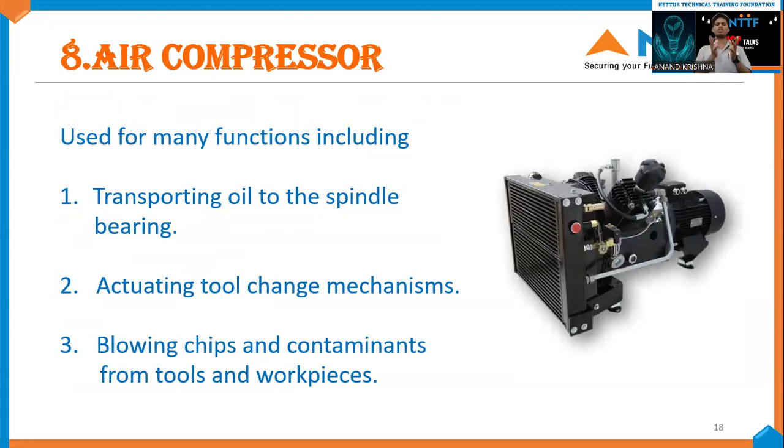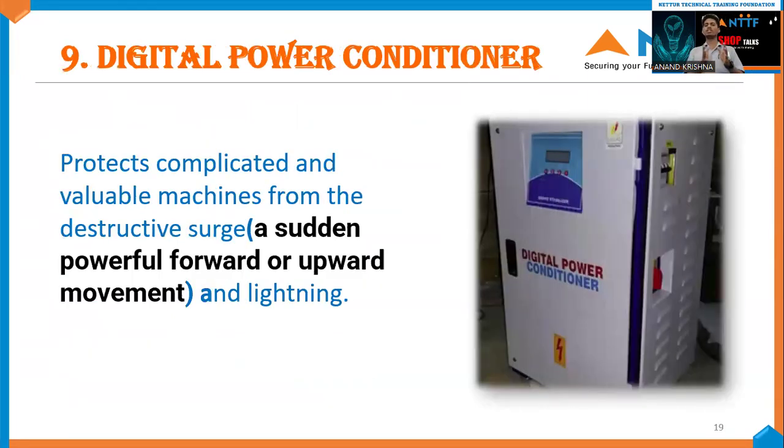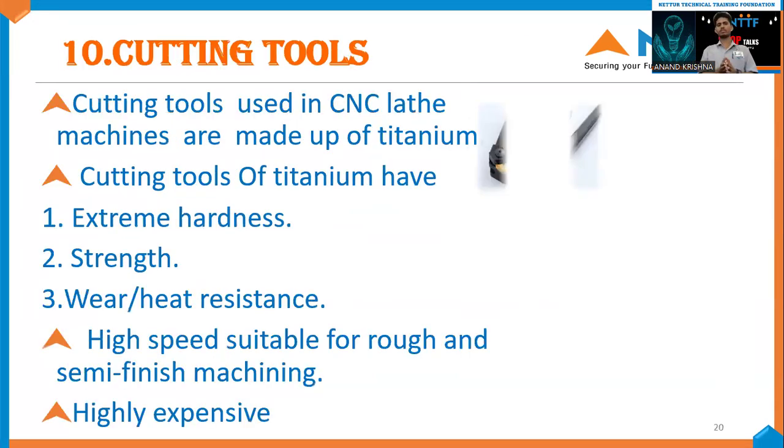Eighth one, air compressor. Air compressors are used in many functions, including transporting oil to the spindle bearing, activating tool change mechanisms, and blowing chips and contaminants from tools and workpieces. Ninth one, digital power conditioners or stabilizers. These stabilizers protect complicated and valuable machines from destructive surges and lightning.